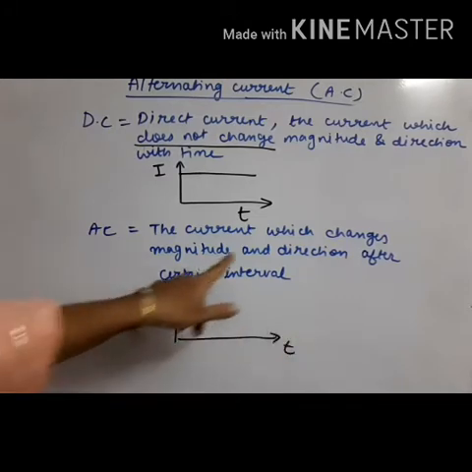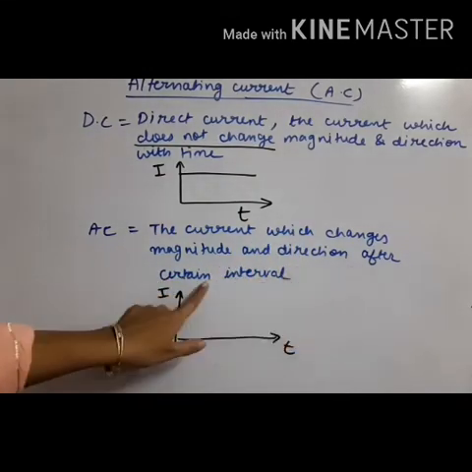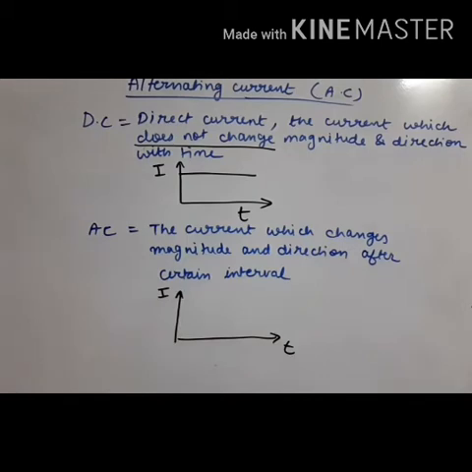Alternating current is such which changes the magnitude and direction after a fixed time or certain interval. Suppose these are the fixed, equal intervals, gaps. So it will be like this.